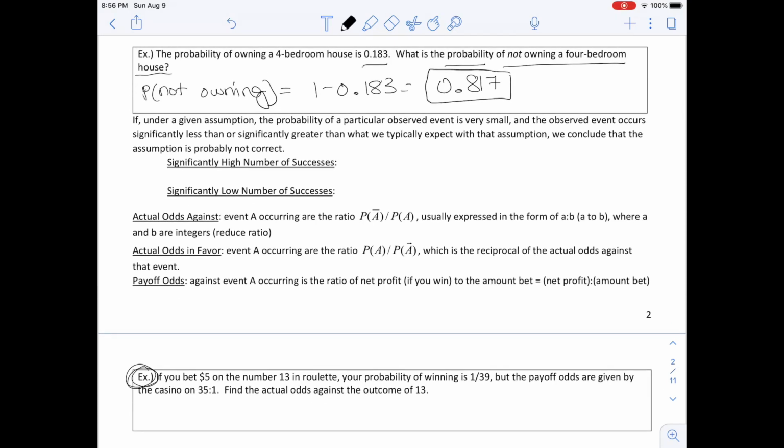So if under a given assumption, the probability of a particular observed event is very small, and the observed event occurs significantly less than or significantly greater than what we would typically expect with that assumption, we conclude that the assumption is probably not correct. The next definition is significantly high, which we've seen already. This is a significantly high number of successes, when we have the probability of X or more.